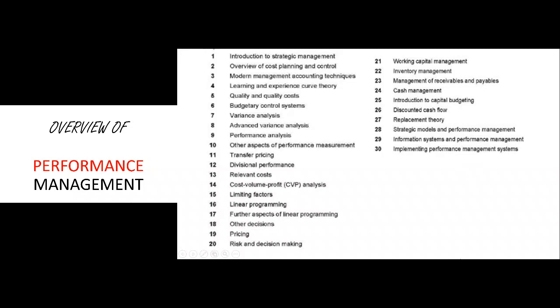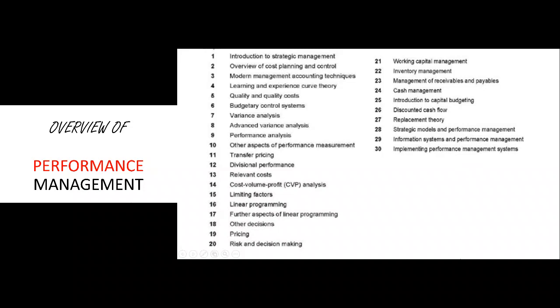Other decision makings will be looked at. Should we buy, should we not buy, should we lease, and things like that will be looked at. Pricing. We look into pricing, then we move on to risk and decision making, then working capital management. We go on to inventory management.